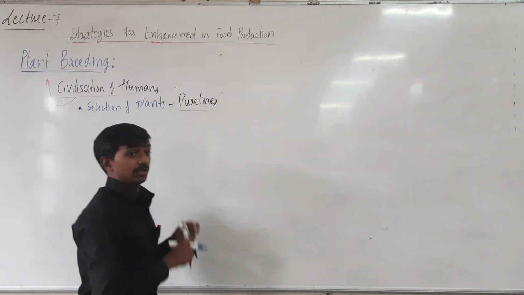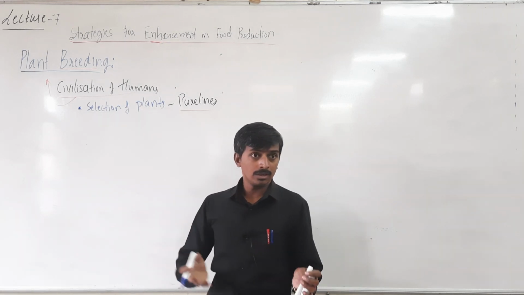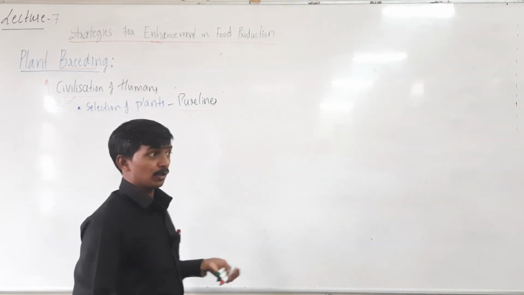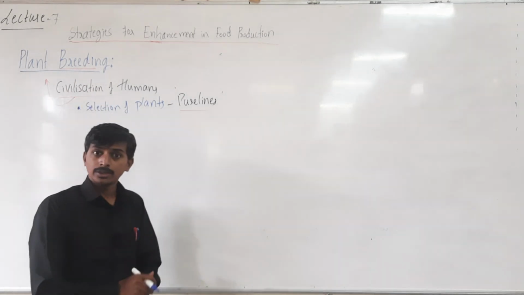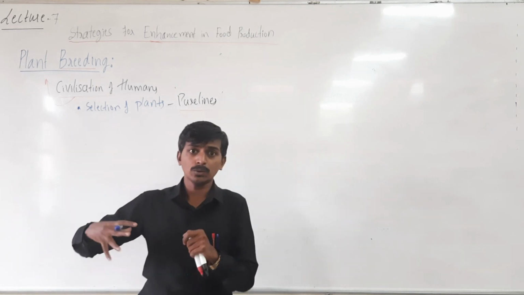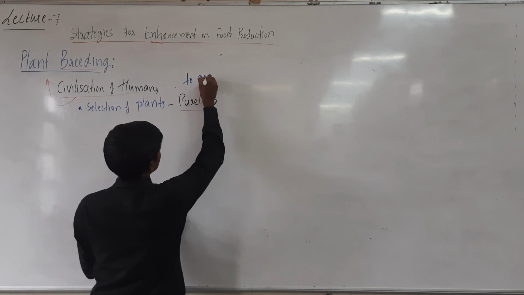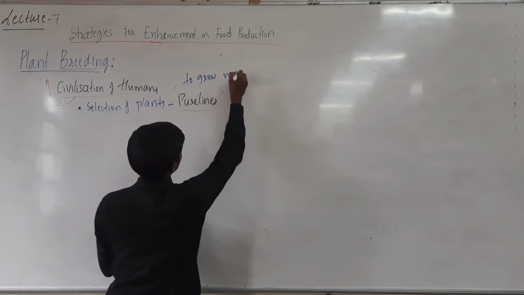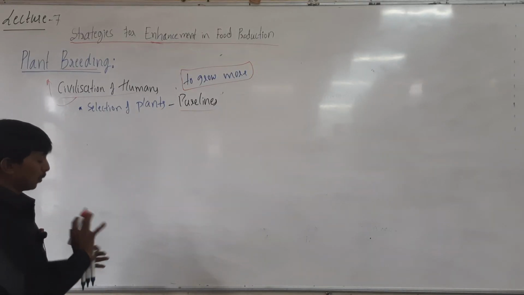What is a pure line? In earlier times, some 100-200 years ago, people were not educated and did not know what exactly plant breeding is. Their thought was just to grow more.